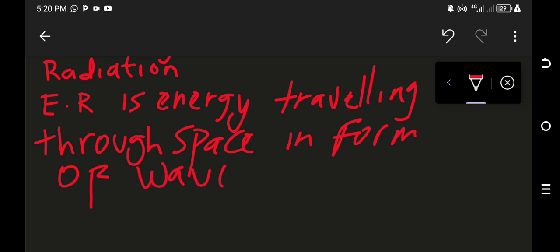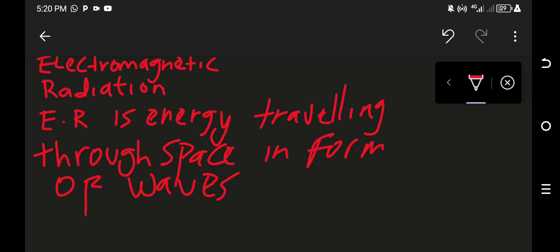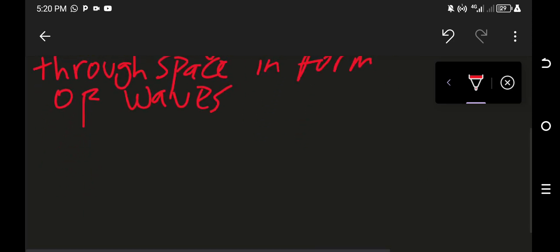Okay, so electromagnetic radiation is just energy traveling through space in form of waves. What are the examples of electromagnetic radiation that we can give?